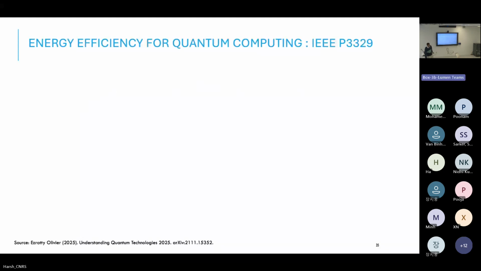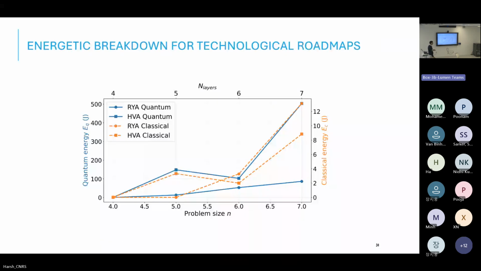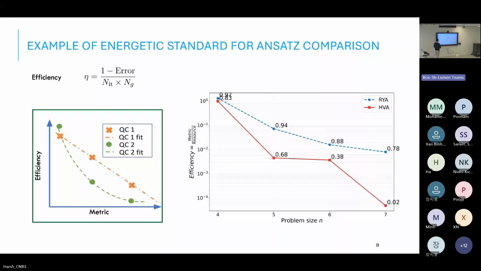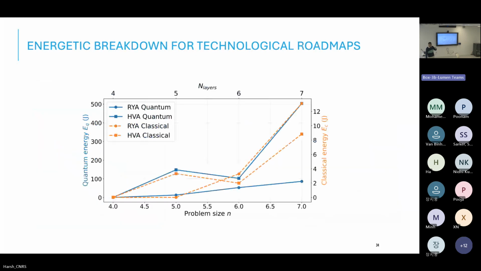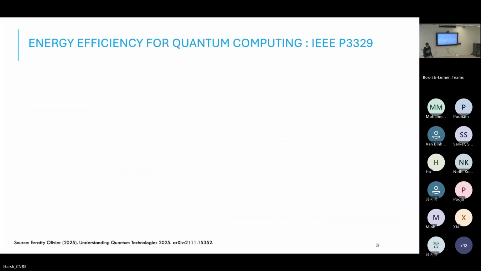The benchmarking is important because the design decisions for quantum computers, let's say if it is a hybrid algorithm, should be informed by choices based on energetics rather than the performance metric alone. And therefore, these kinds of breakdowns enable us to make roadmaps which are aware of the energy efficiency of the different parts of the computation that are happening.